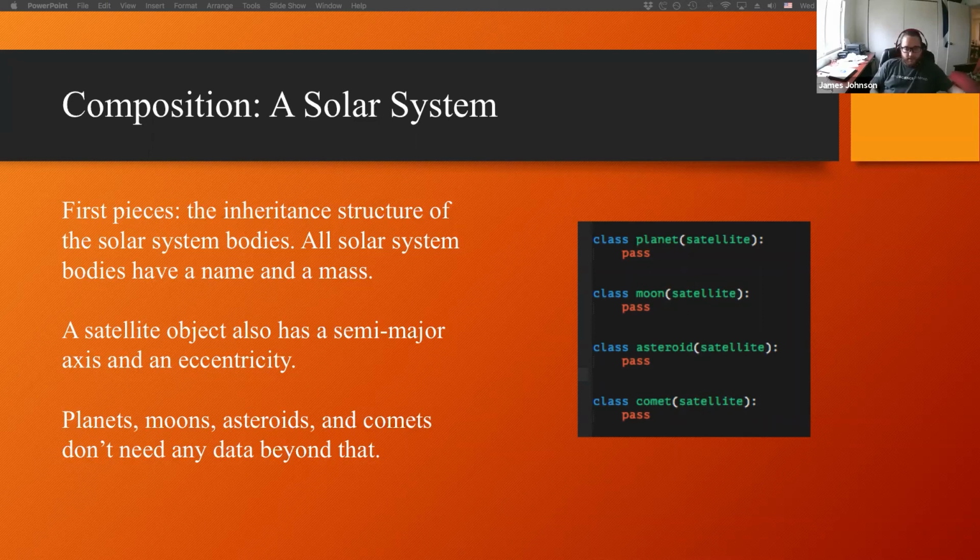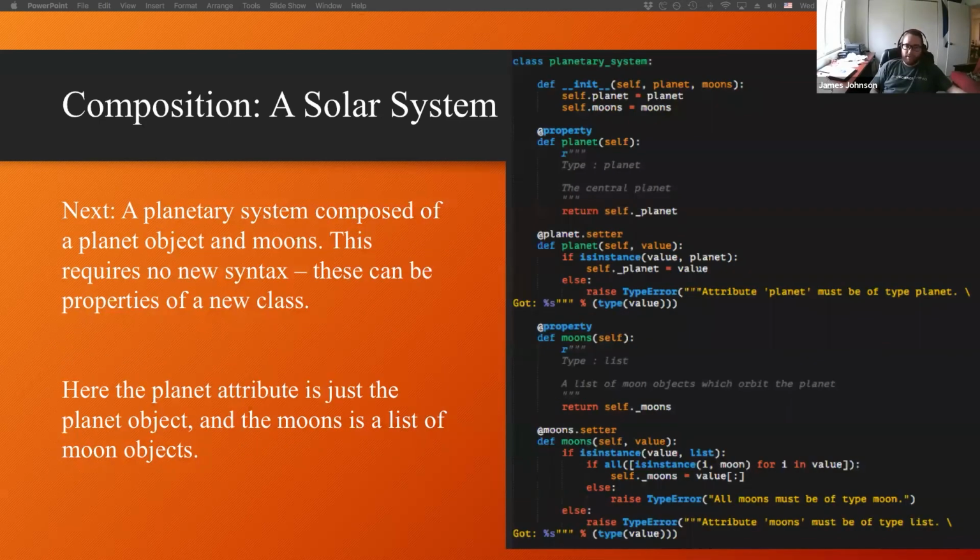So now getting into the actual composition side of things, with a pretty straightforward approach, composition is achieved as I promised. There's essentially no new syntax. All we're doing is letting the objects that the planetary system is composed of be the properties of your class.